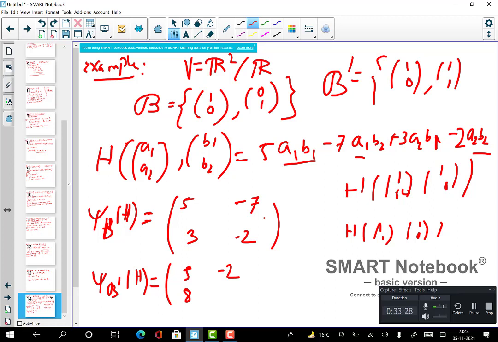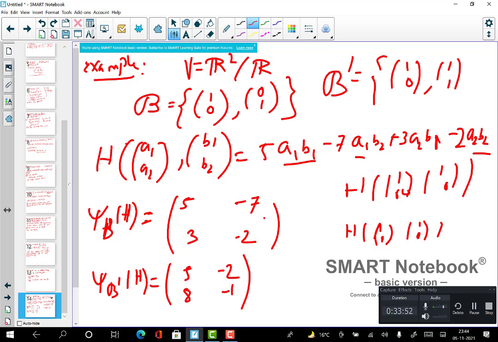And the last one will be with respect to 1 1 on both sides, and then you need to find out what happens. So this will be 5 minus 7 plus 3 minus 2. 5 minus 7 is minus 2, plus 3 equals plus 1, minus 2 gives minus 1.